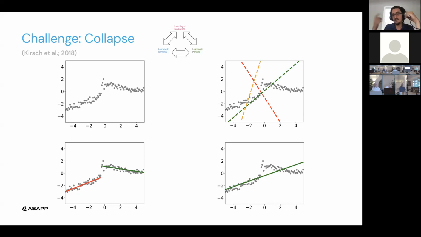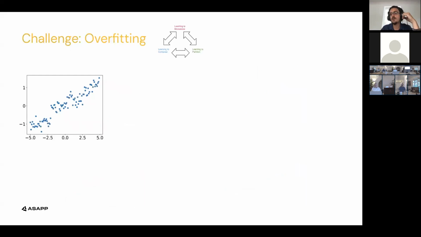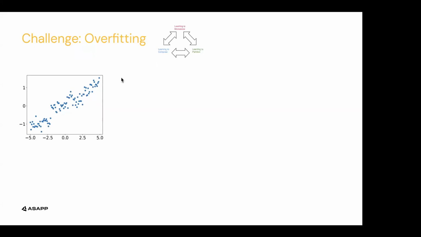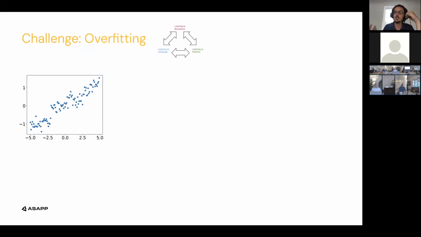But, and this is another generalization from Lewis's work, you also have overfitting, right? Collapse is effectively underfitting, but you also have the other end of the spectrum. Let's say, for the sake of argument, we had one pretty noisy linear data set. We have samples with quite a bit of noise, but for whatever reason we know that we want effectively a linear approximation.